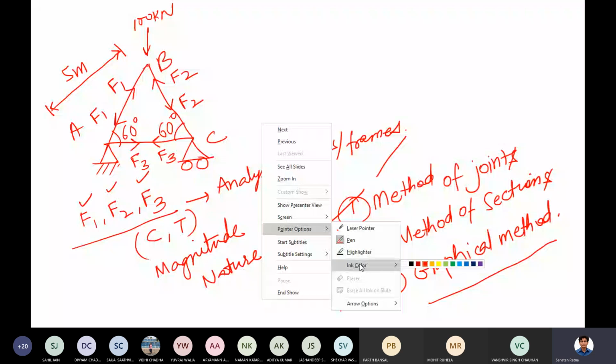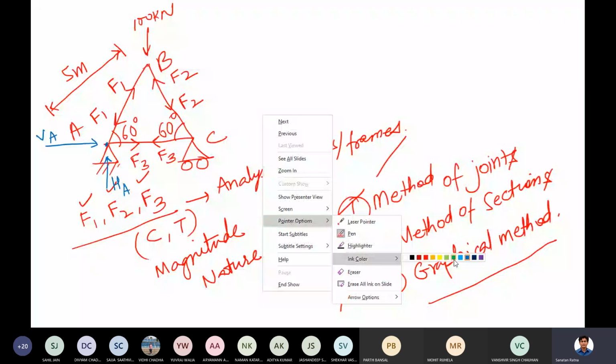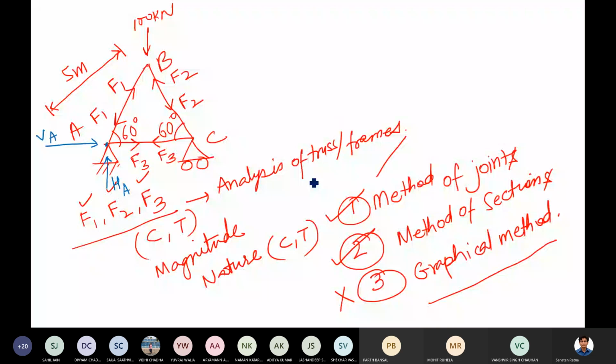Is that okay? HA, VA. Yes, sir. Similarly, at C, what type of support is there? Roller.